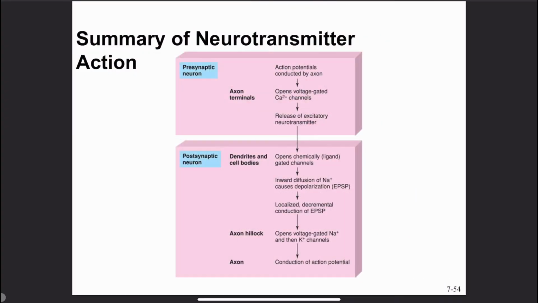So let's review what occurs in the presynaptic neuron when an action potential propagates down the axon toward the axon terminal. As it comes down towards that terminal bouton, it will open voltage-gated calcium channels, and that will cause the fusion of vesicles and release of neurotransmitter into the synaptic cleft.